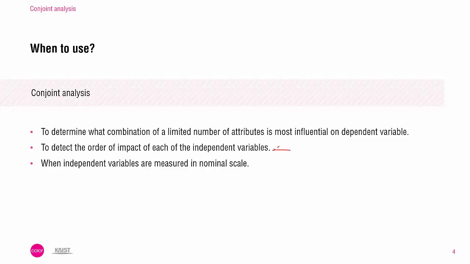We can do this in multiple regression analysis when we compare the standardized beta coefficient. I hope you remember. Okay, but one of the differences between conjoint analysis and multiple regression analysis is that conjoint analysis is applicable when the independent variables are measured in nominal scale.